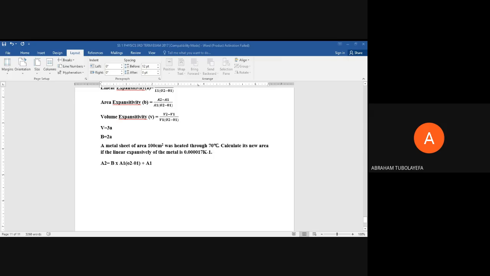What did I say it is called? Radiometer or thermopile. Don't forget that it's used to measure radiant energy. Okay, so don't forget that.